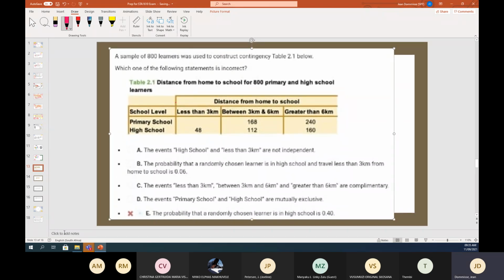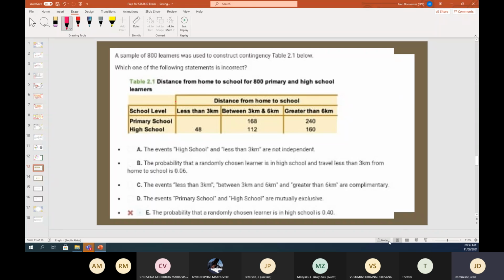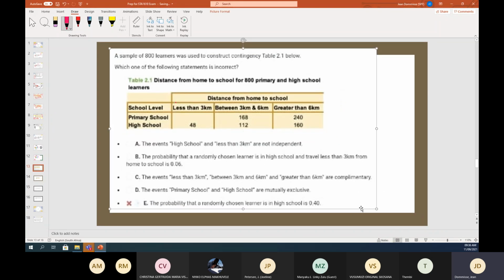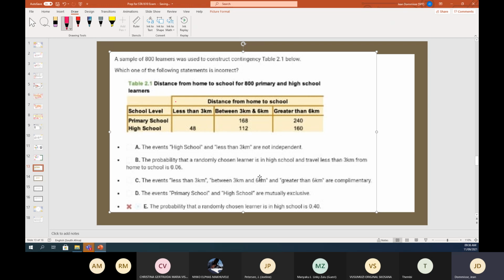You can see it's from one of the ones that you sent me on WhatsApp, so it's a bit blurry, but okay, let's get to study unit 4.